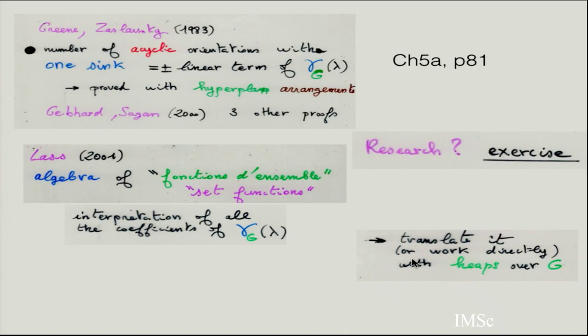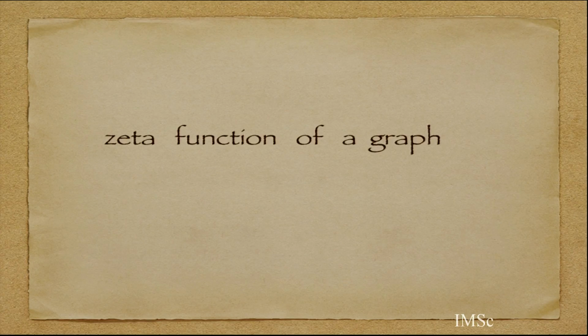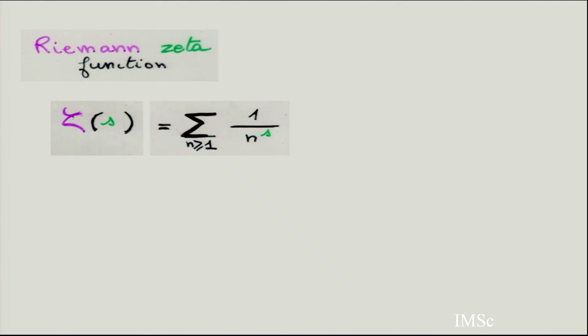I don't want to go on longer about this. Today, we introduce another algebraic relation with graphs, the zeta function of a graph. There are several zeta functions. The idea is to extend the classical Riemann zeta function to any graph.